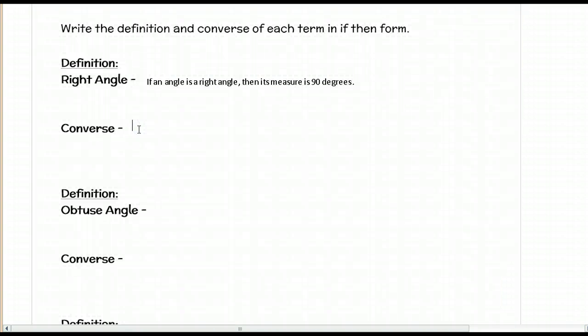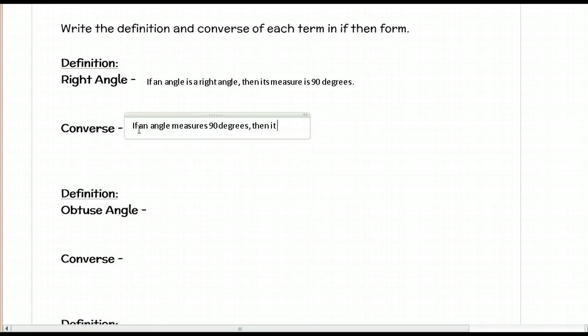Then we're going to go ahead and write the converse. If you want to pause the video and see if you can write the converse on your own, that would be great. The converse would be: if an angle measures 90 degrees, then it is a right angle. Again, some definitions you know what they are. We're just writing them again in a way that's appropriate for our class.